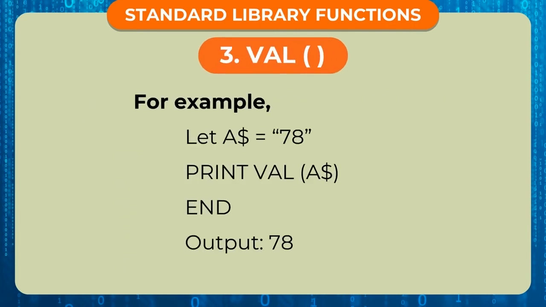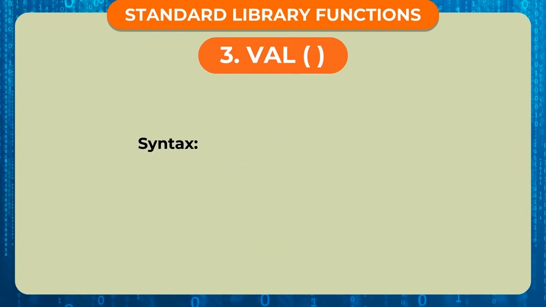VAL function. This function converts a number which has been stored as a string into a numeric value. This function is useful when you want to carry out mathematical operations with numbers which have been stored in the form of a string. Syntax. VAL(A$), where A$ is a string.